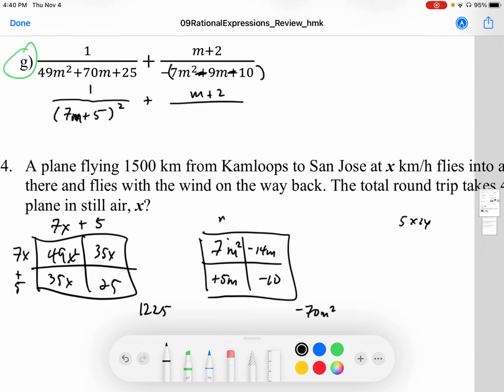Factoring this is going to be m minus 2. That has a common factor of 2. Here we have a common factor of 7m, and this is going to be plus 5. So we know that this is going to factor into 7m plus 5 and m minus 2.